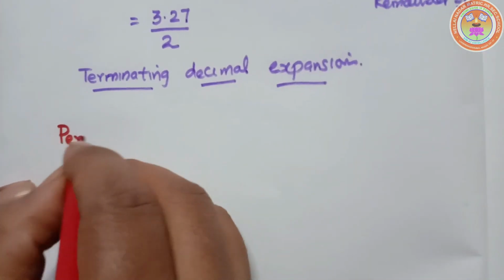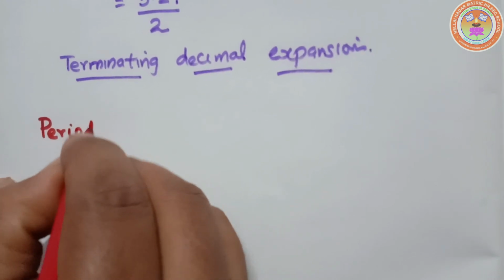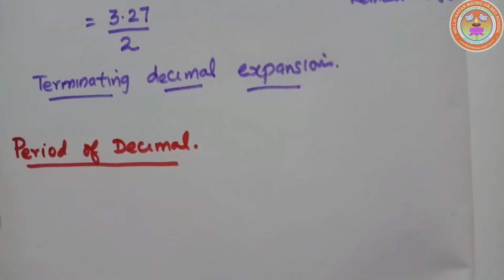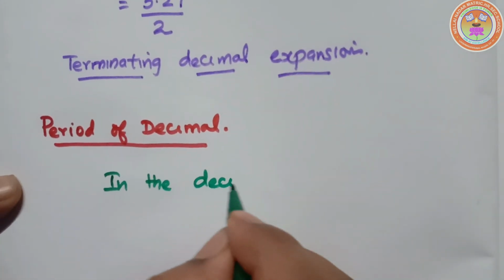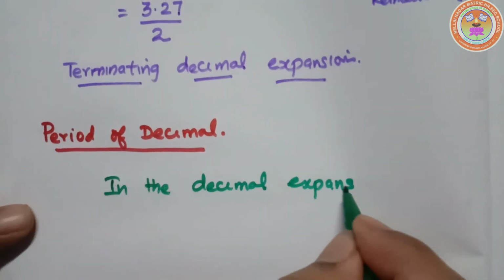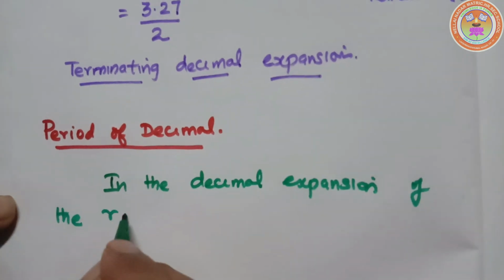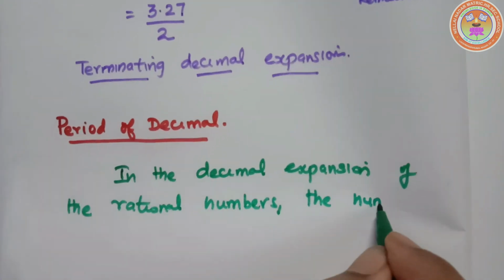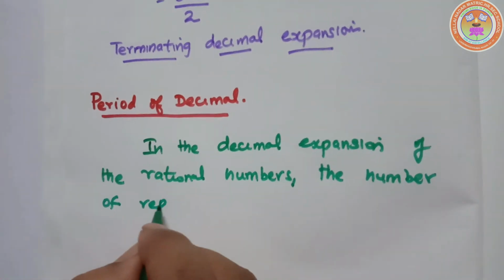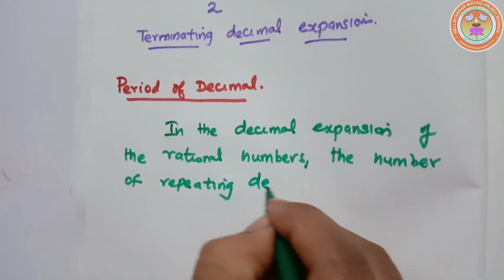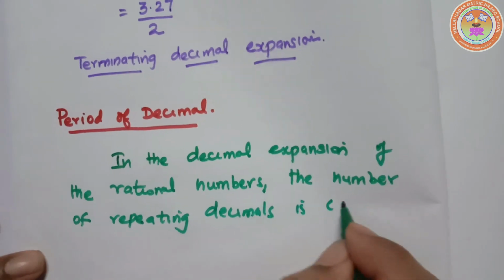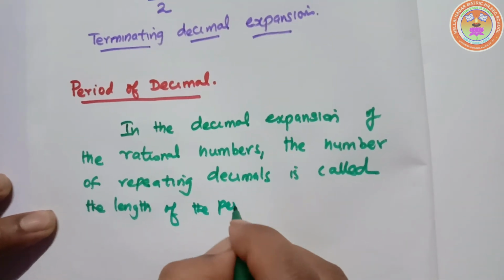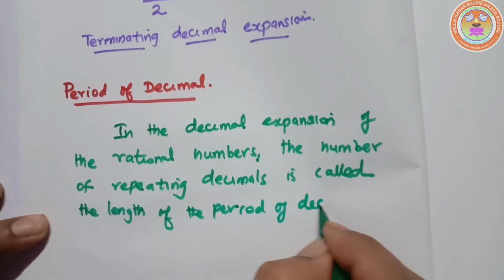Now we'll see period of decimal. In the decimal expansion of rational numbers, the number of repeating decimals is called the length of the period of decimals.